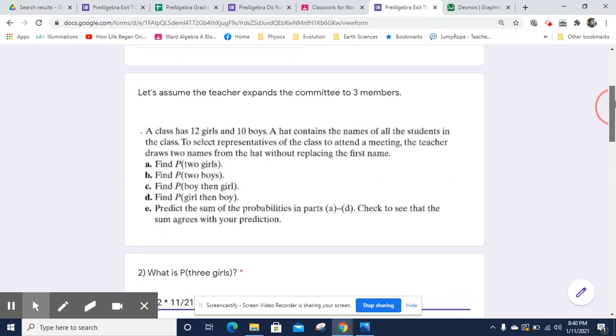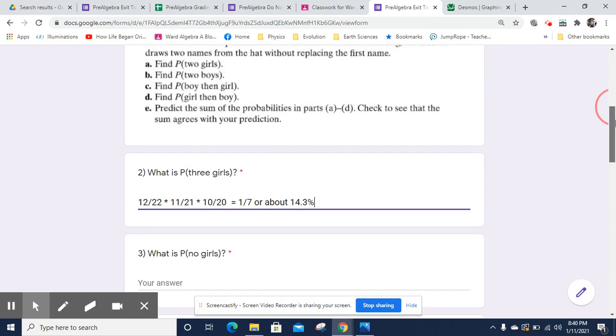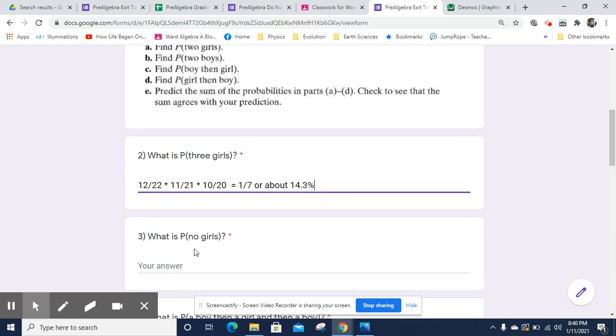Well, to calculate that, the best way is to calculate the probability of all boys, because if it's all boys, then it's no girls. So the probability of all boys in 3 pulls: there's 10 boys out of 22, times, once the first boy is drawn, 9 boys out of now 21, times 8 boys out of 20.